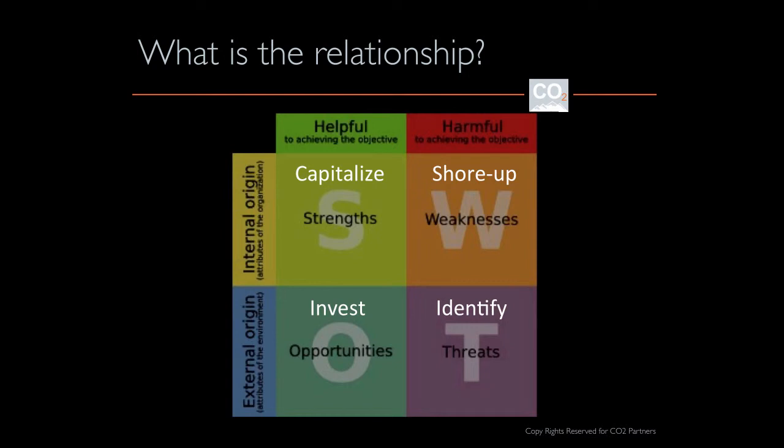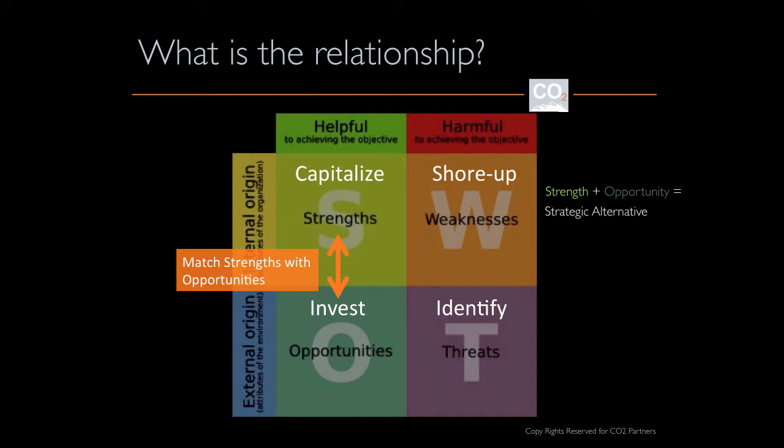So the first one we're going to look at is strength and opportunities. With strength and opportunities, we want to match the strength with the opportunity, which totally maximizes the opportunity and builds on the strengths. So if you think about it, it's strength plus opportunities equals a strategic alternative.